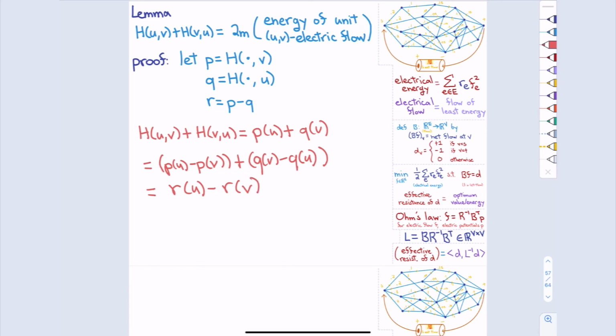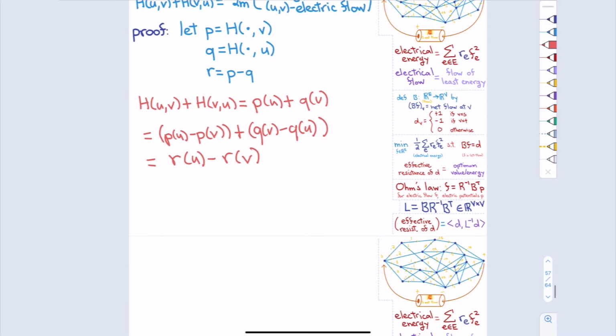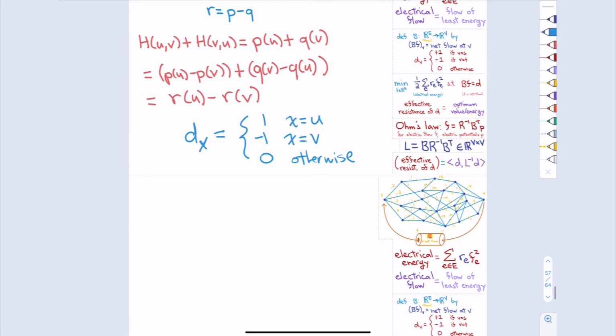All right, so let's look at the demands D, where dx is equal to 1 if x is equal to u, negative 1 if x is equal to v, and 0 otherwise. All right, so RU minus RV can be written as D dot product R.